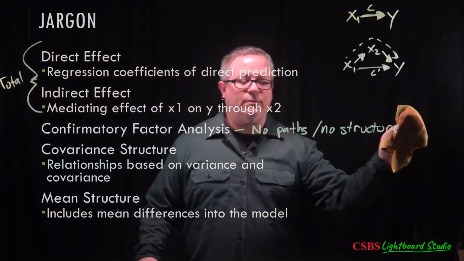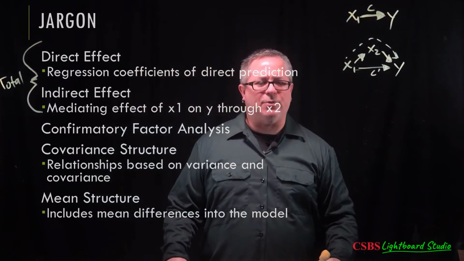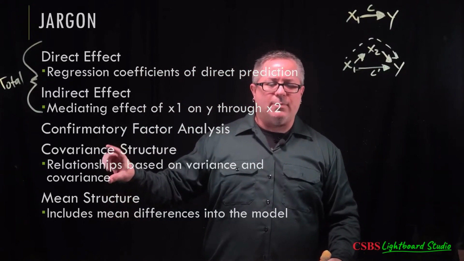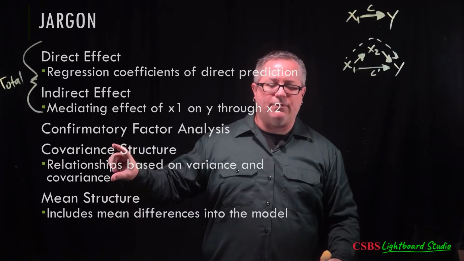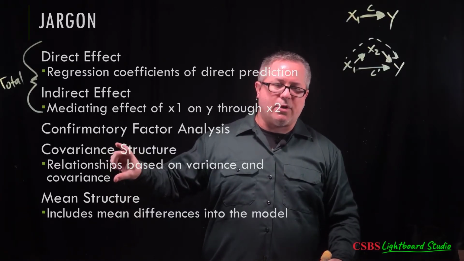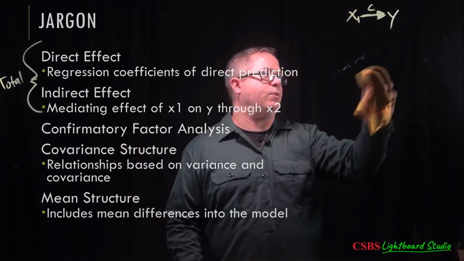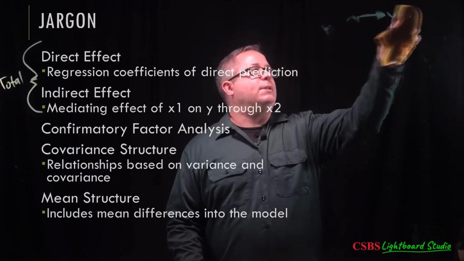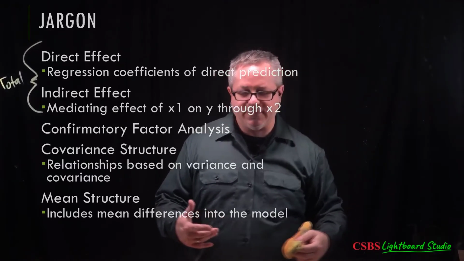But it sounds fancier than it really is. And like I said, I think I mentioned this at the very beginning, certain programs like Amos and EQS, and I'm pretty sure even lavaan, which we're going to use in R, start off assuming you want covariance structure. You just want to hypothesize about the relationships of variables and not their levels.